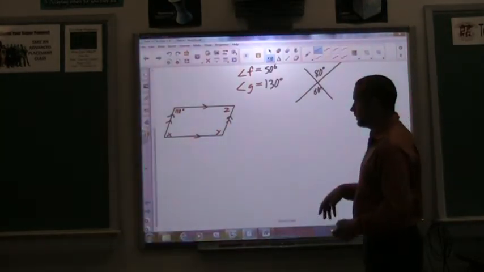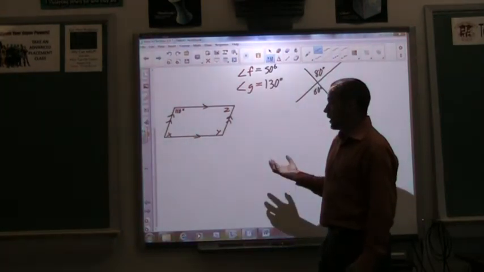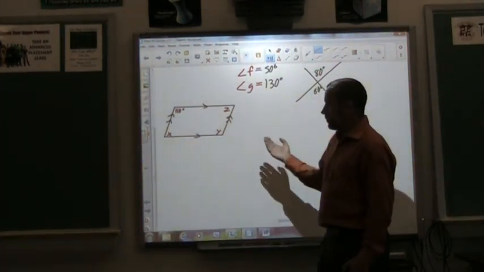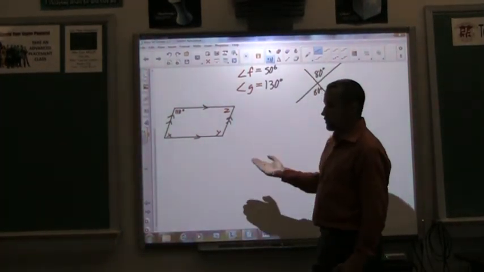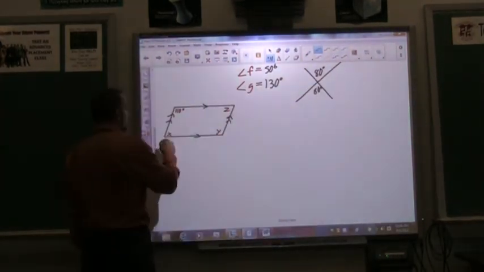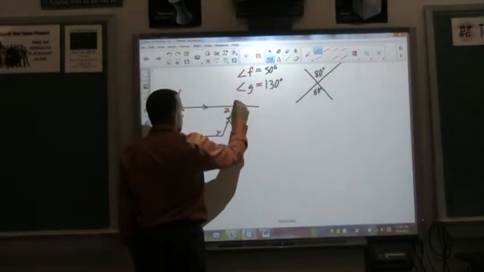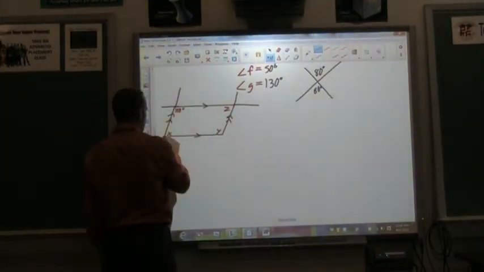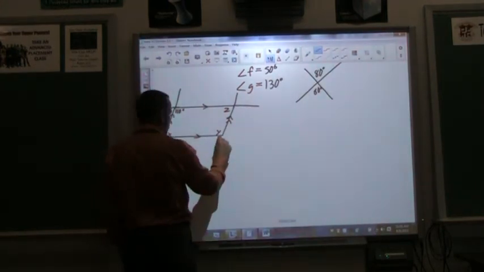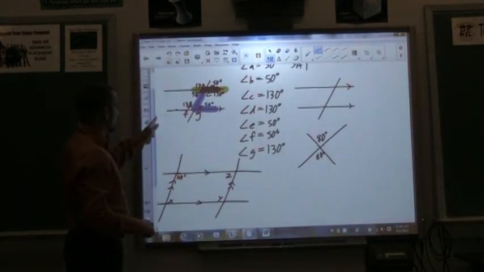In fact, what I've got is two sets of parallel lines, and what you have to do is stop and imagine one set of parallel lines being transversals and then switch. You'll see what I mean. So I'm going to extend these lines. Anytime I see lines that aren't really extended, I extend them on my own, and then it looks more like the diagram we were working with above.